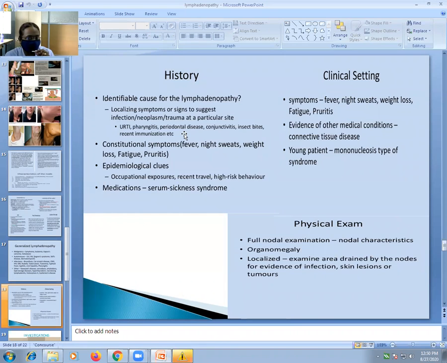For that, ask about constitutional symptoms like fever, night sweat, weight loss, anorexia, fatigue, etc. Then drug history, any travel history, occupational exposure, etc. Then ask about any infection like URTI, pharyngitis, any insect bite, any periodontal disease, etc. So proper history taking is important to find out the cause.